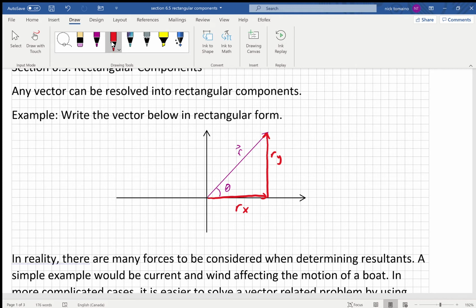So we have that sine theta is equal to ry over r, which means r times sine theta is equal to the y component of the vector, and similarly r times cos theta is equal to the x component of the vector.